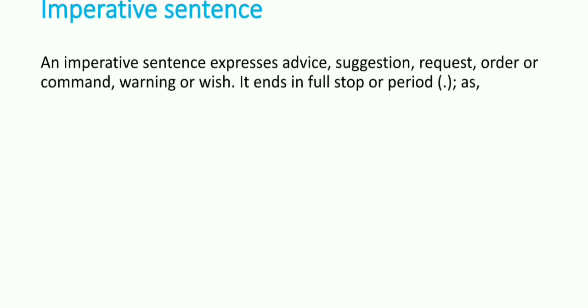Next we have the imperative sentence. An imperative sentence expresses advice, suggestion, request, order or command, warning, or wish. It ends in a full stop or period. Likewise, declarative sentence and imperative sentence both end in a full stop or a period.